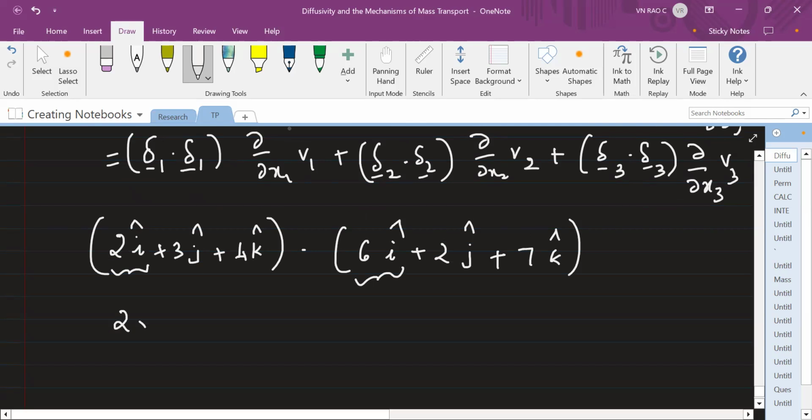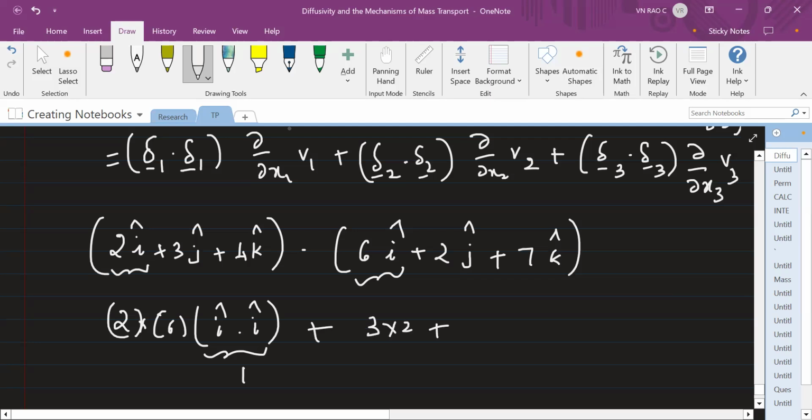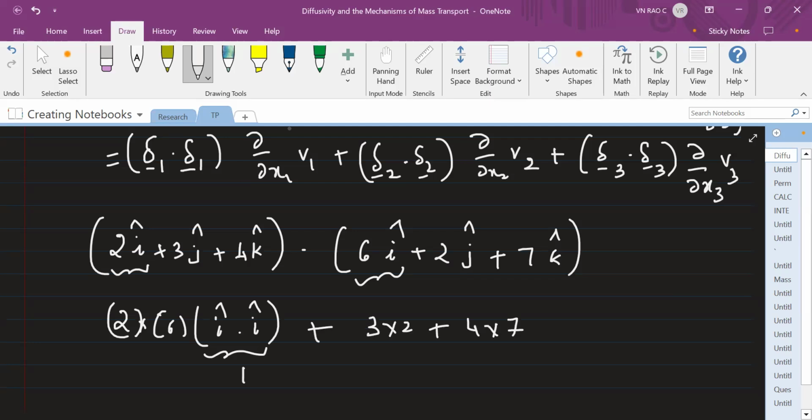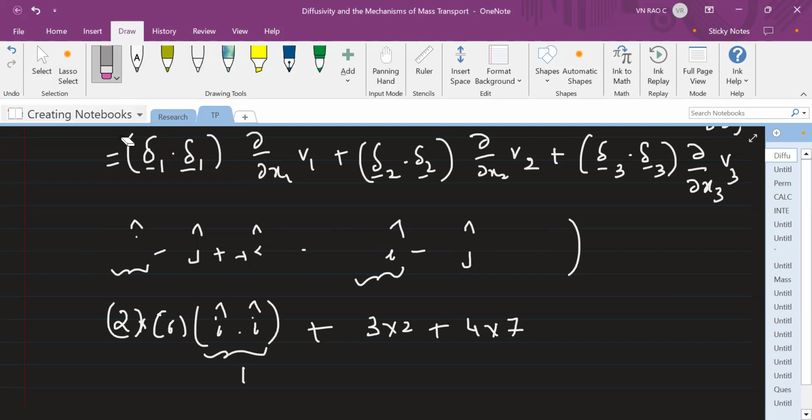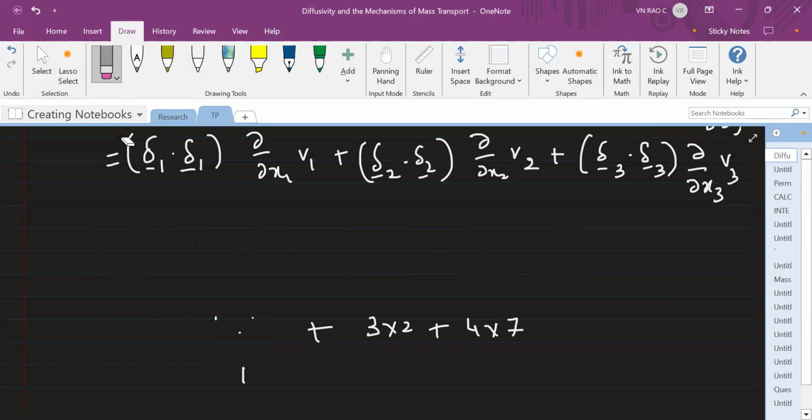So 2 into 6 into i cap dot i cap, where the scalar product of a unit vector with itself is 1. Likewise 3 into 2 plus 4 into 7. So the answer will be a scalar. This is for your understanding only. Nothing to brood over too much.